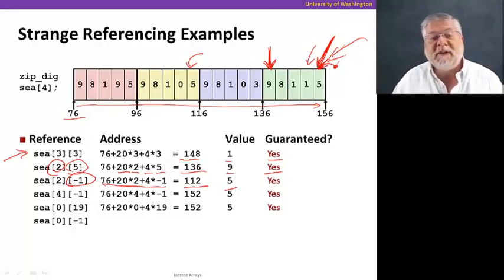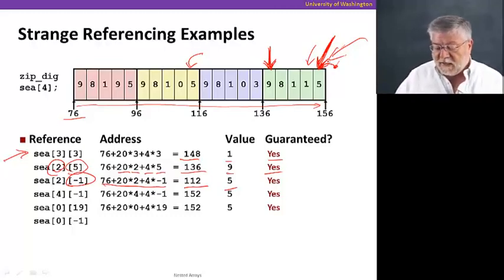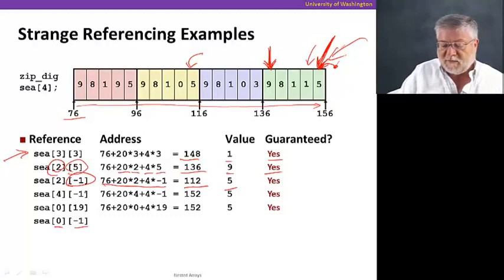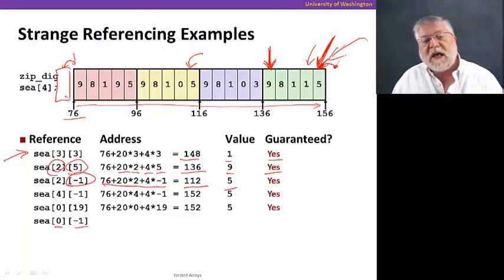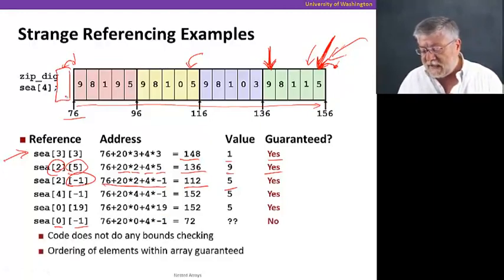But those are in fact addressing the same location. The last example here, of course, 0 minus 1 puts us at this location, and minus 1 from that, and that would be the location here for which we have no idea what is in that location. And there's no guarantee as to what we'll find there because it depends on how things are arranged in memory.